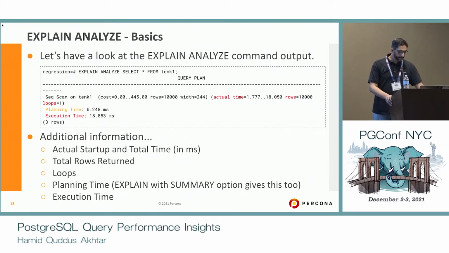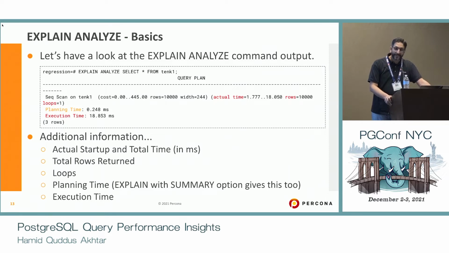Then there was total time, and you can see that execution time was 18 milliseconds, and you can do a comparative analysis of the queries and tune your GUCs accordingly for the costings. The additional value that the analyze command presents here is the startup and total times in milliseconds, and total rows returned, which may or may not be different.